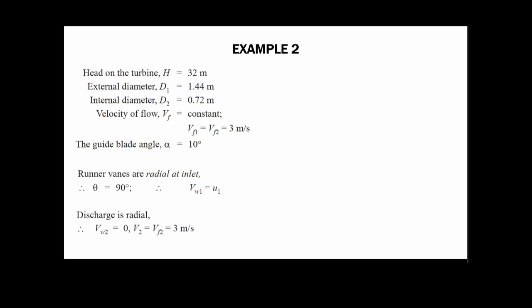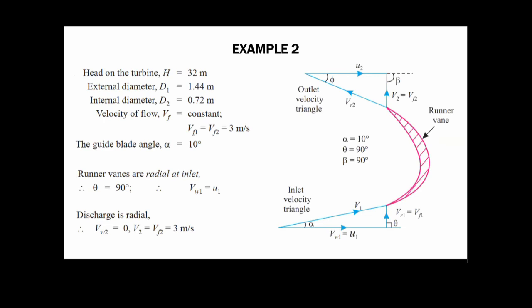And then we sketch the velocity triangles at the inlet and outlet. And remember, it is essential for you to draw these velocity triangles by drawing the vane and the velocity triangle at the inlet and sketching the velocity triangle at the outlet of the vane.